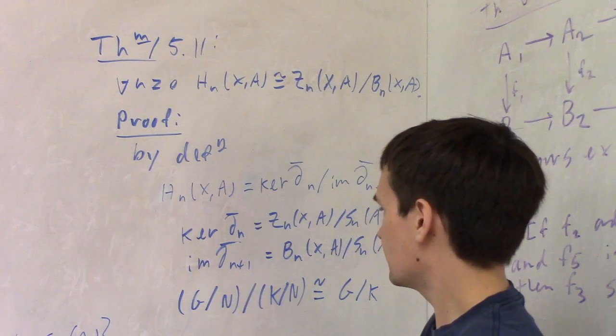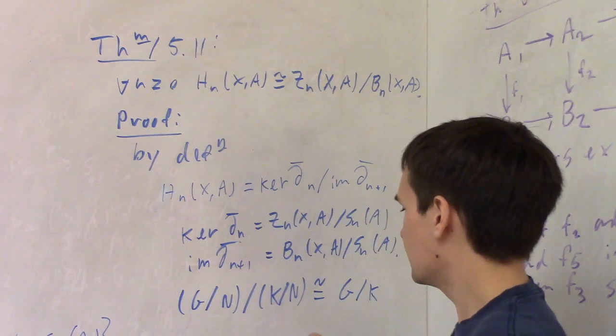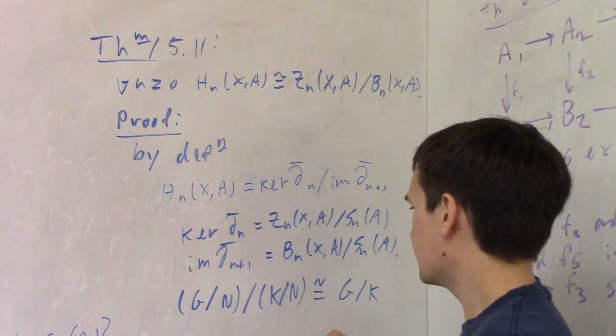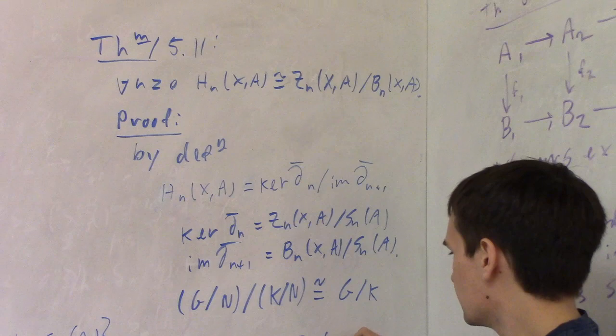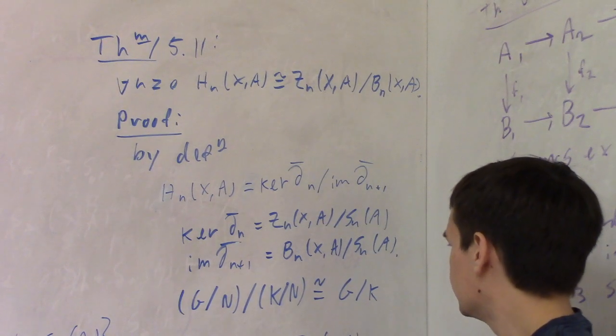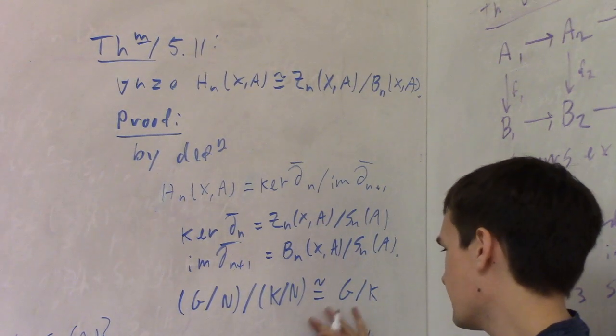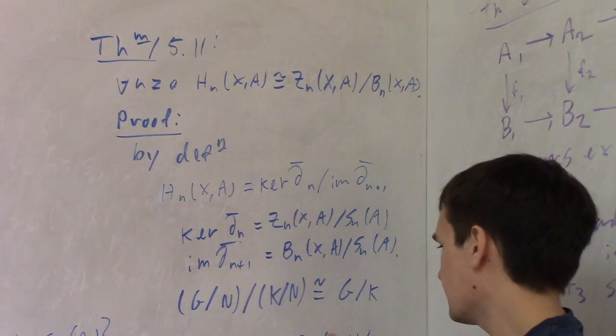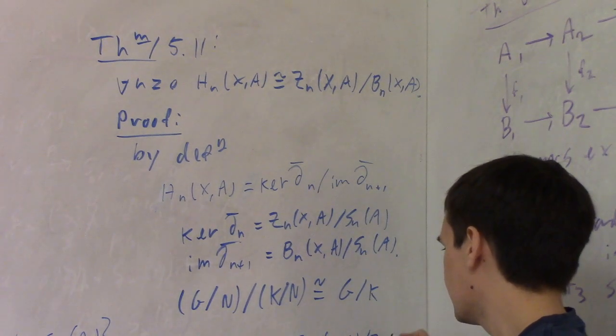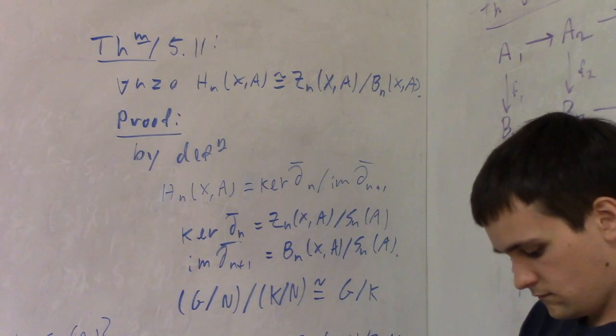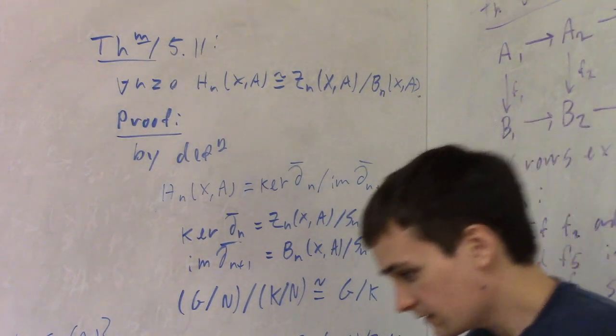Therefore, H_n of (X,A) is isomorphic to, other way around, cycles mod boundaries. That's that.